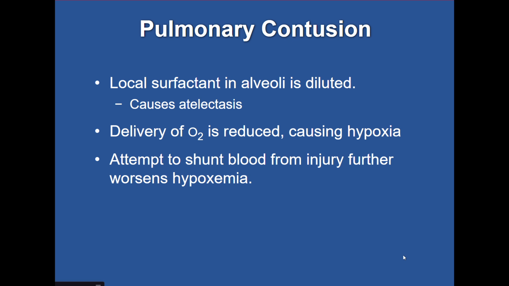As that fluid fills up in that area, it tends to dilute the surfactant that surrounds those alveoli, and that causes atelectasis. Those alveoli can no longer expand with the fresh air that's coming in.